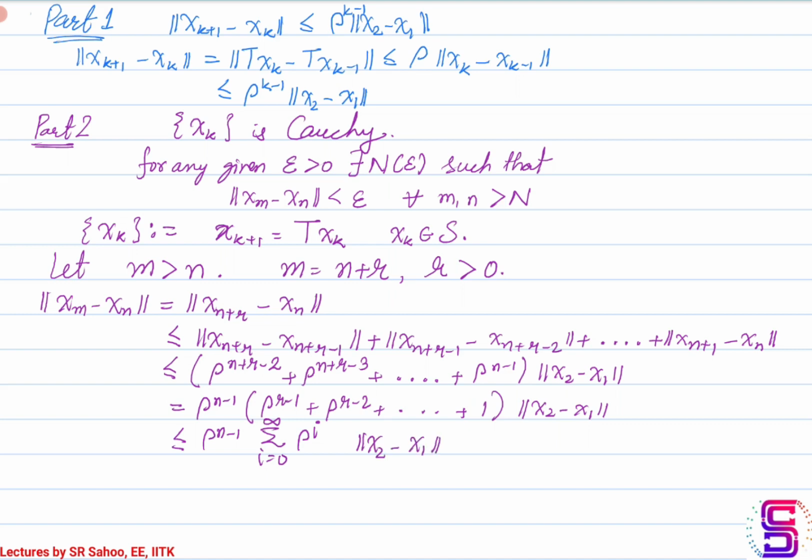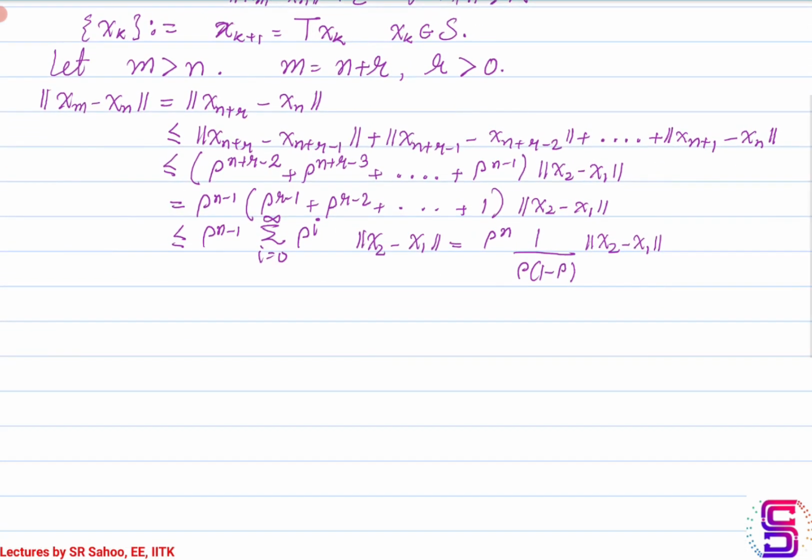Now rho is less than 1 and this is an infinite sum, so what I get is that this is essentially rho^n times 1 by rho times 1 minus rho, times norm of x_2 minus x_1. So this is what we have.